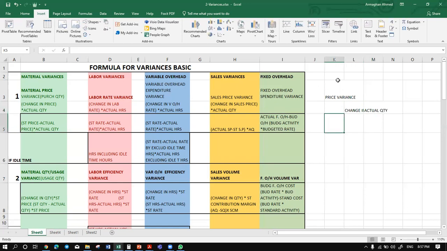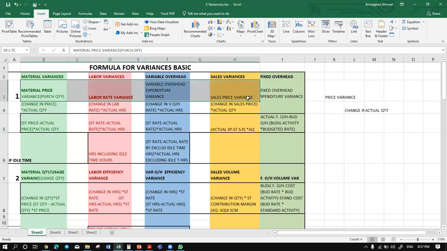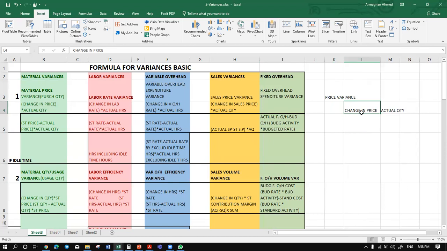Yes, sir. Basically, all four formulas are the same: change in price into actual quantity. If you are calculating material price variance, it is the change in material price. If you are calculating labor price variance, in terminology we call it labor rate variance.